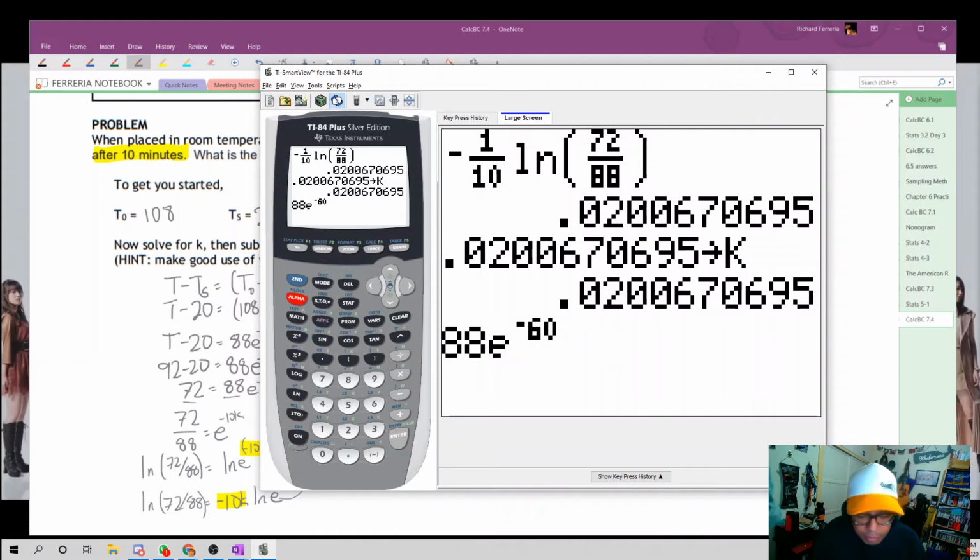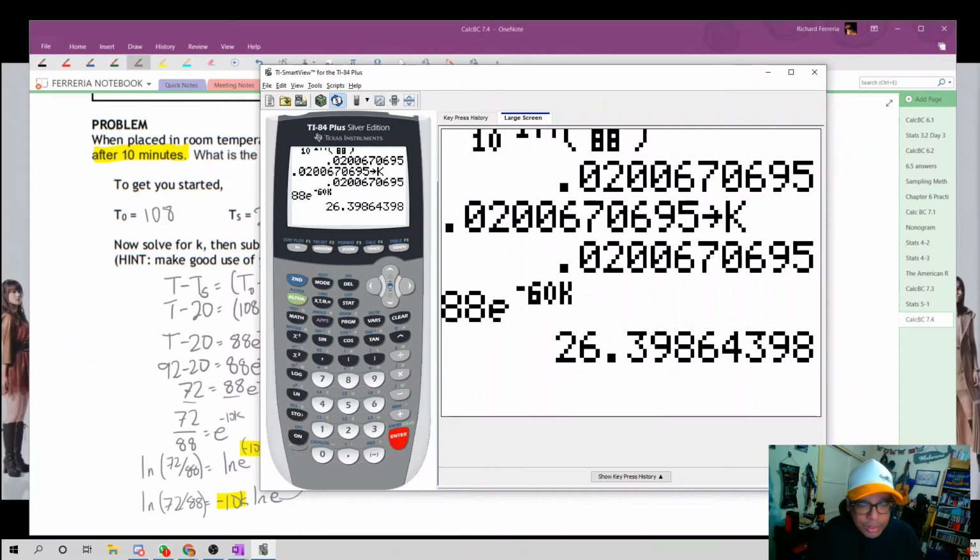And like I was saying before, you can just type the letter k here now, and your calculator knows to use 0.02, 0067, etc. You know the number. So our temperature is 26.398.